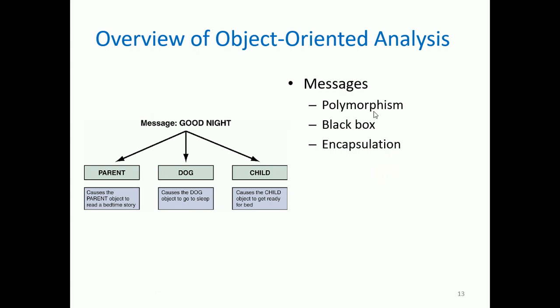Since the message is good night, the only accessible methods are, for example, read a bedtime story, go to sleep, and get ready for bed. But the other methods are not available. So that's the meaning of encapsulation. You're protecting the object's components, of course, for security reasons.